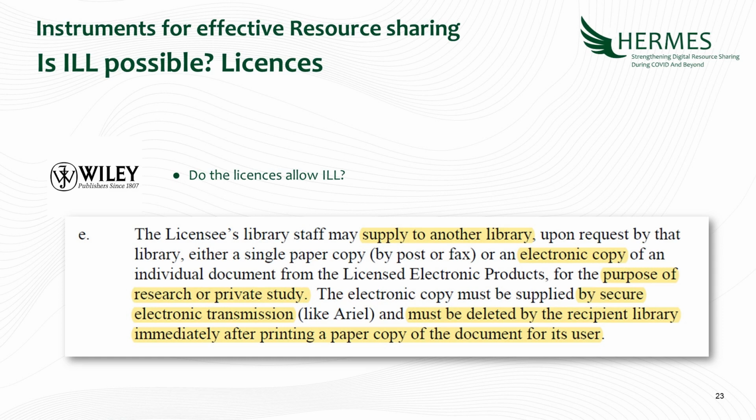The licenses are contracts that say what we can do with our electronic journals. So when we receive a request from another library, we must know what the license says about ILL. This is the clause of IFLA about ILL. What does it allow?